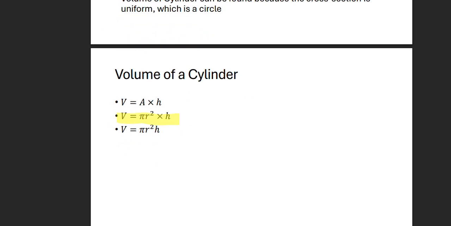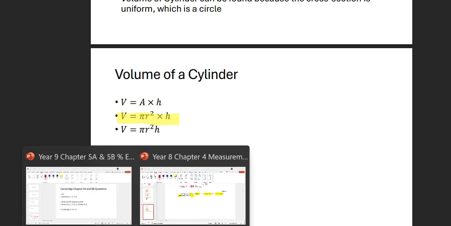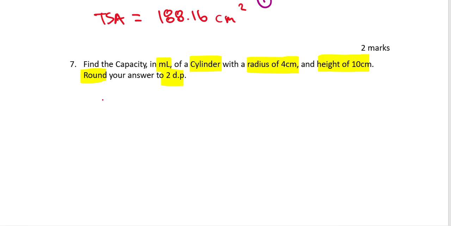This is the formula for it here, highlighted. V is equal to pi r squared times h. So let's just start off by writing it down. V is equal to pi r squared h. Now we're given the radius already, we're given the height already. Let's just substitute these values in.